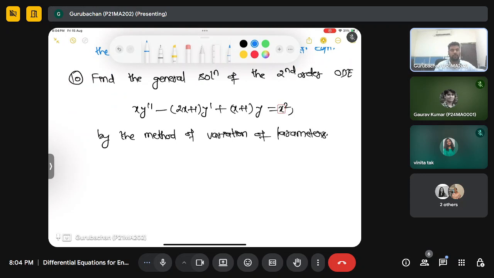Try this one. This will be the last question of today's tutorial session.